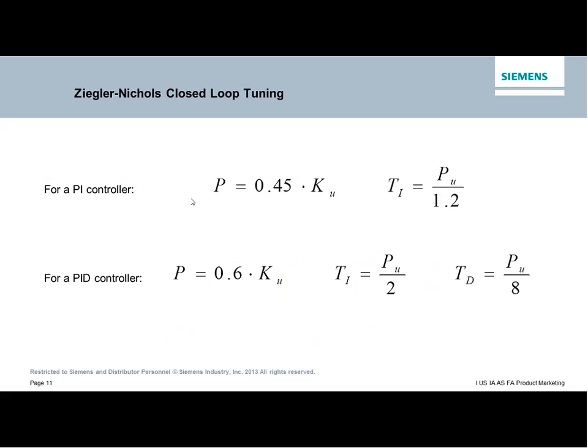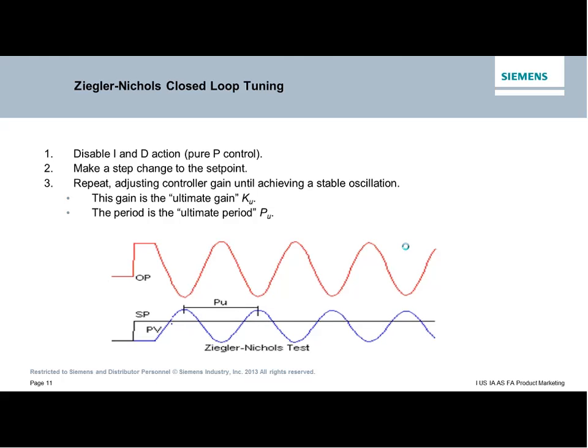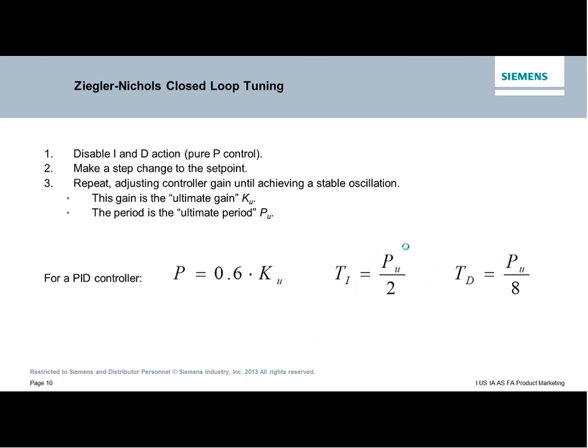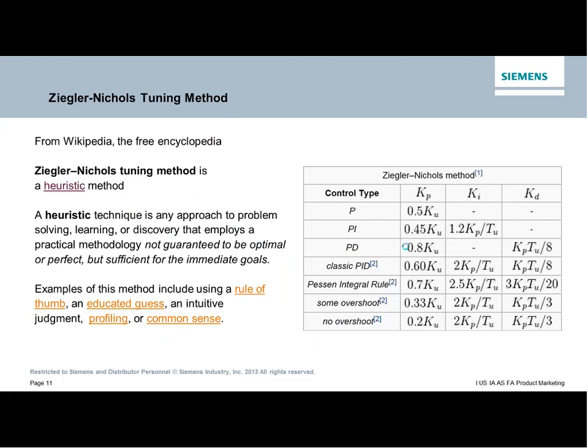For a PI controller, that's how you would tune it using Ziegler-Nichols. For PID, we change the numbers a little bit. We go to 0.6 for P, I is the period divided by 2, and then for adding in the derivative, it's the period divided by 8. So that's a heuristic way of tuning loops.